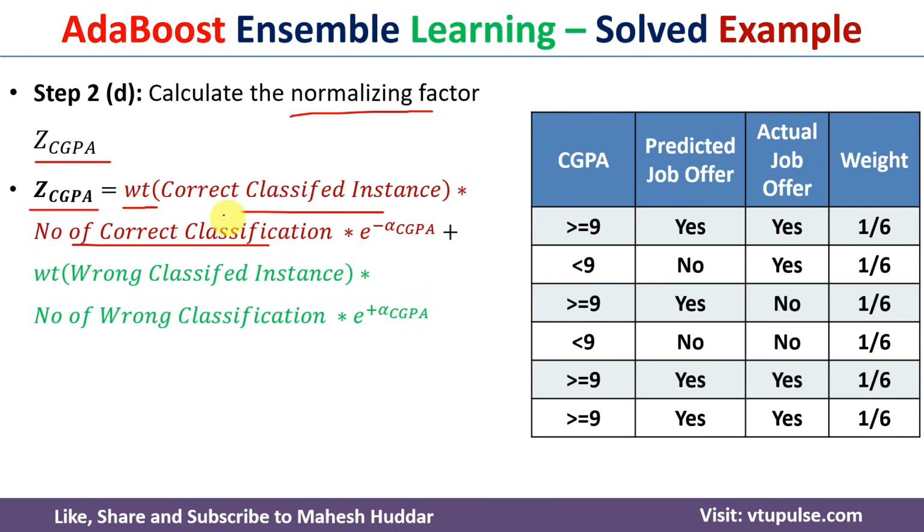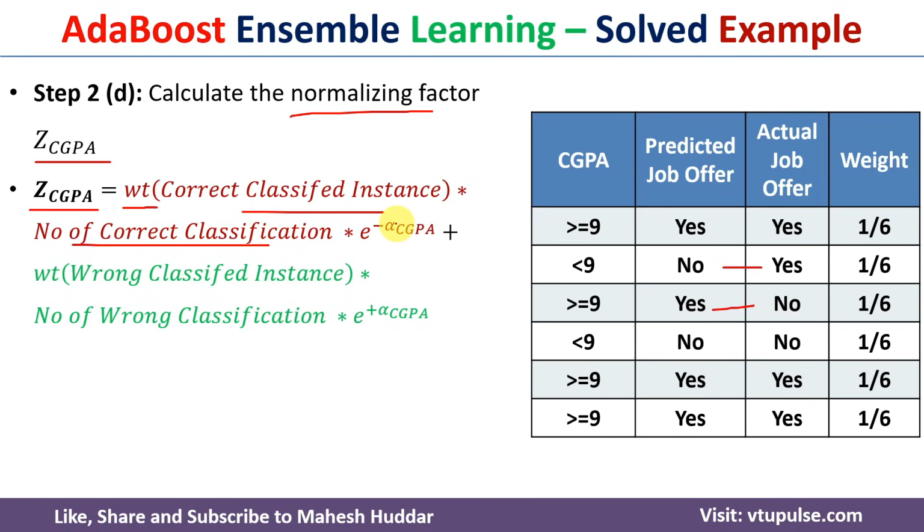Now, as said earlier, these two are incorrectly classified and the remaining four are correctly classified. So the weight for correctly classified instances is 1 by 6 in all cases, multiplied by the number of correct classifications, which is 4.